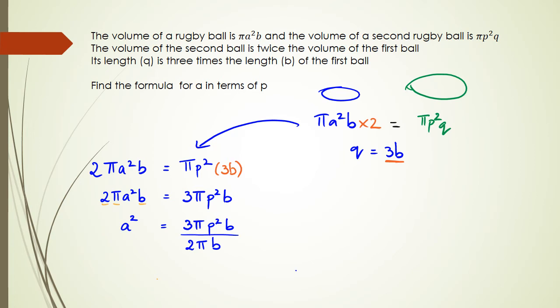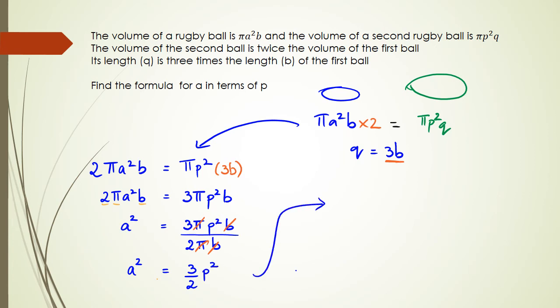Okay, and from here, because everything is multiplied in the numerator and everything is being multiplied in the denominator, I can actually cancel out my 2 pi's. I can also look for another common factor, which in this case is b, so I can cancel out the 2 b's. So what I'm left over with is a squared equals 3 over 2 p squared.